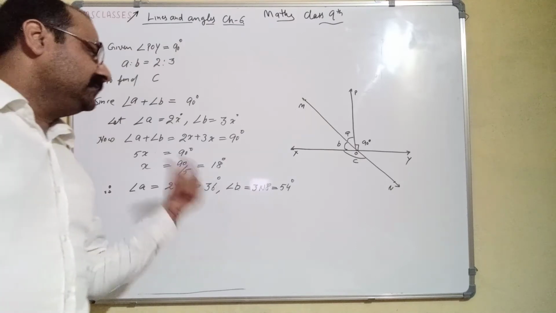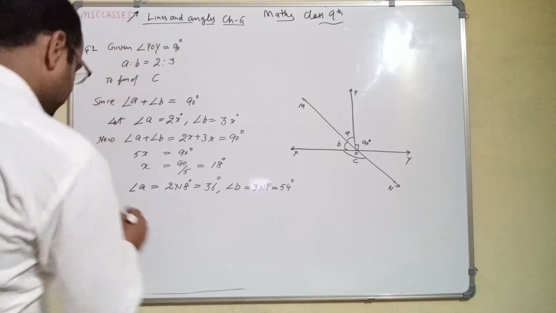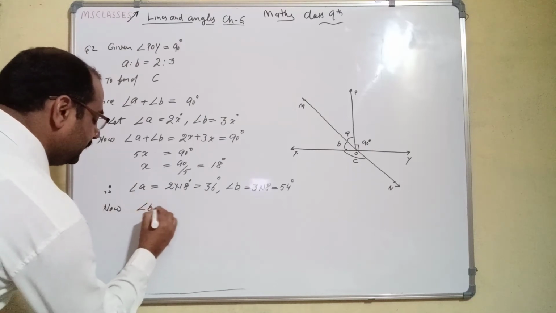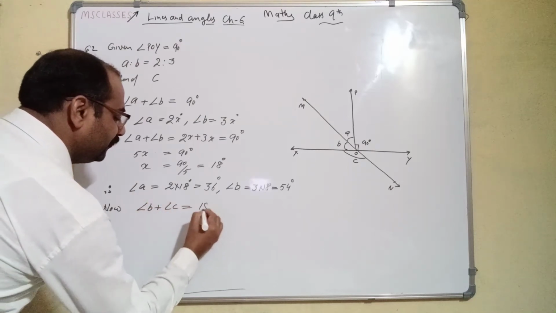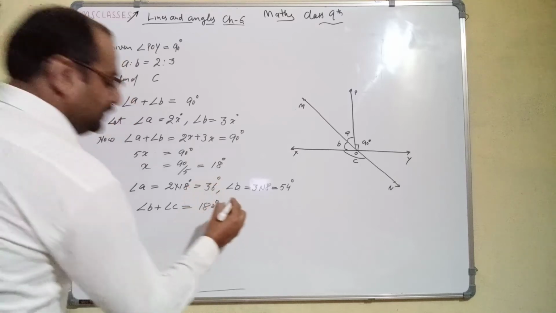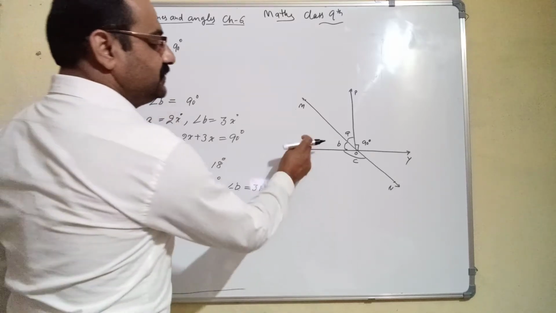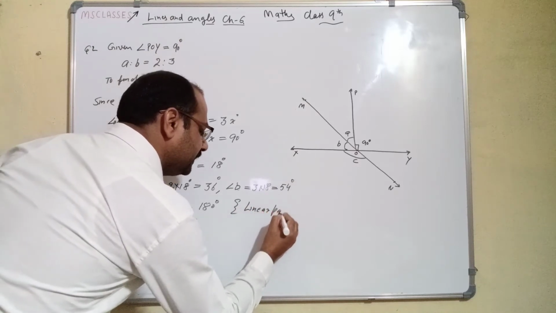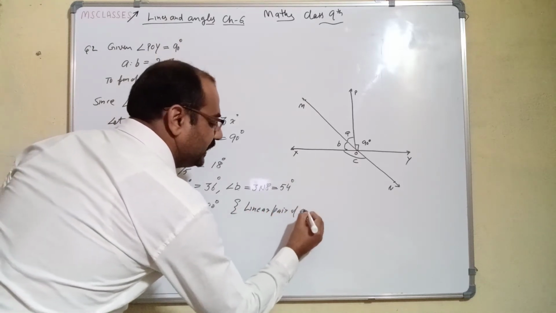Angle A is equal to 36. Now, angle B plus angle C is equal to 180 degree. Why? Because this is a linear pair. Linear pair of angles.